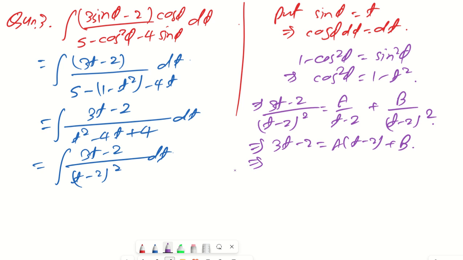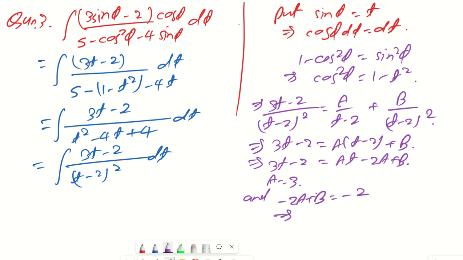So 3t minus 2 is equal to at minus 2a plus b. Equating both sides, the coefficient of t on the left is 3 and on the right is a, so a equals 3. And minus 2a plus b is equal to minus 2. So b equals minus 2 plus 2a, and a is 3, so that is 6 minus 2, that is 4. So a is 3 and b is 4.